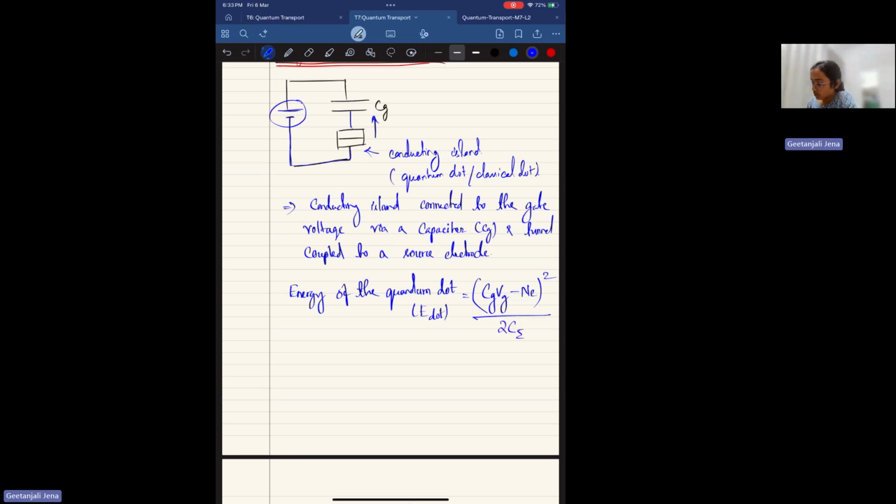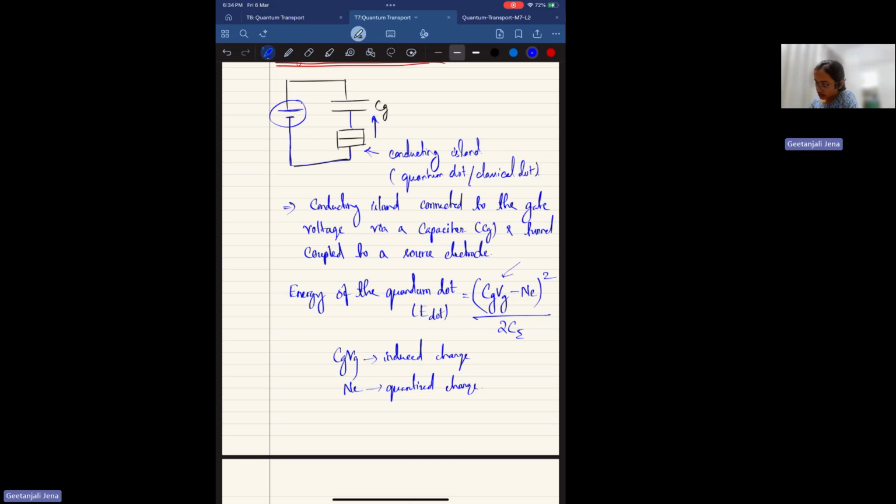So the numerator is nothing but the effective charge, taking into account the induced charge because of this gate voltage, and also the charge that is already there in the conducting island. So CgVg is the induced charge, and Ne is the quantized charge that is there in the conducting island.